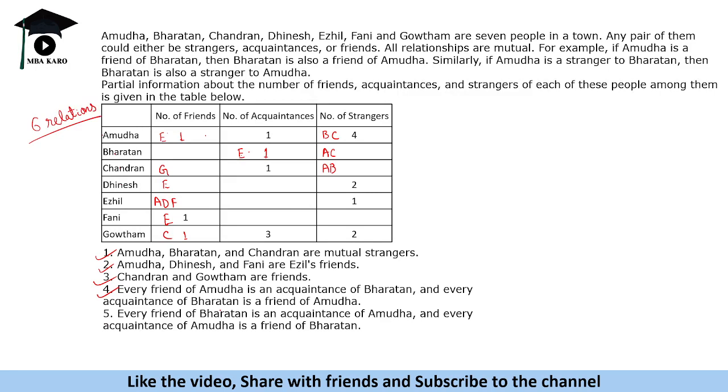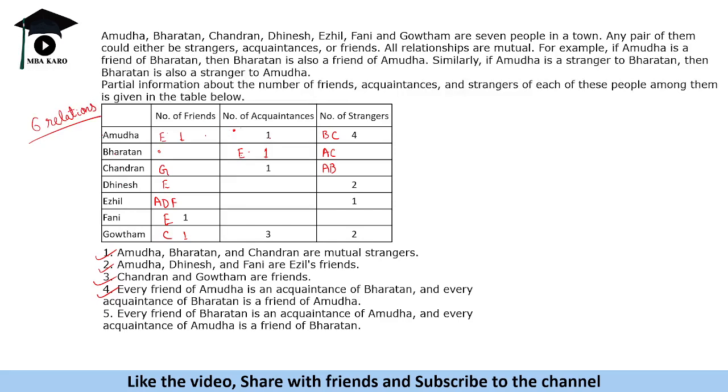Every friend of Bharatan is an acquaintance of Amudha, and every acquaintance of Amudha is a friend of Bharatan. So if this is a friend of Bharatan, that has to be an acquaintance of Amudha, and the relationship is mutual.